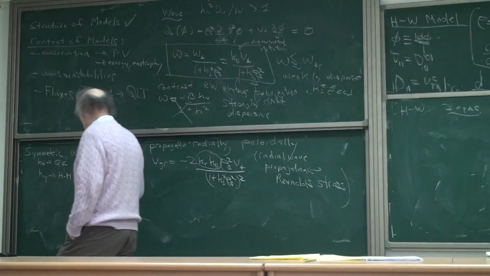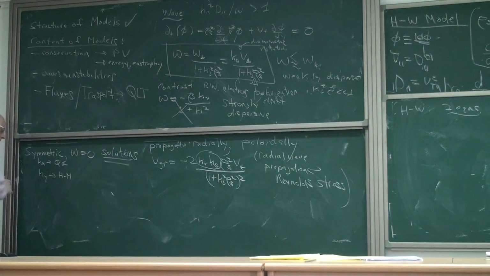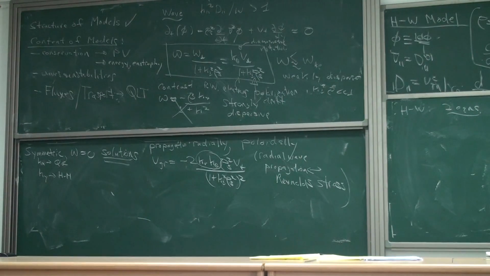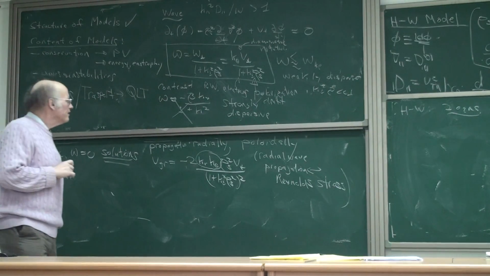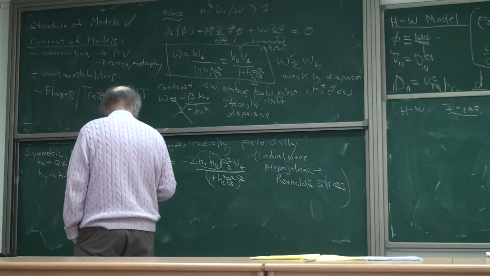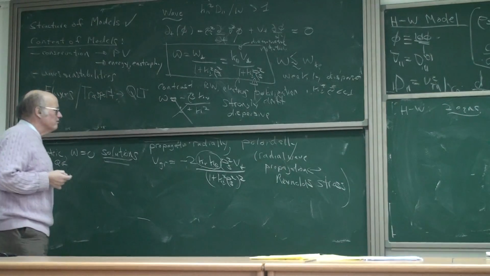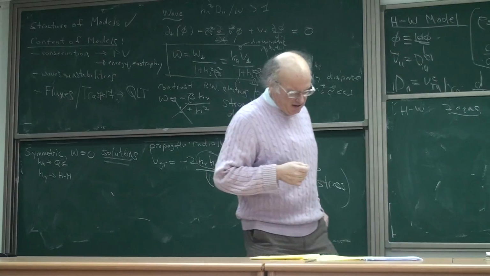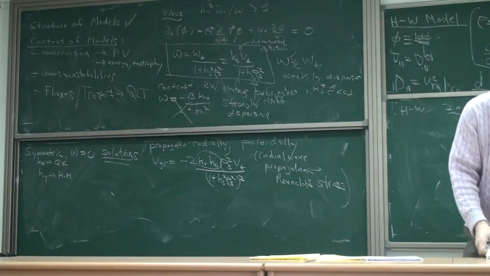Okay, so you have symmetric solutions, you have radial propagation, you have all sorts of goodies. Of course, they propagate toroidally as well. What other basic features do we need to talk about here?